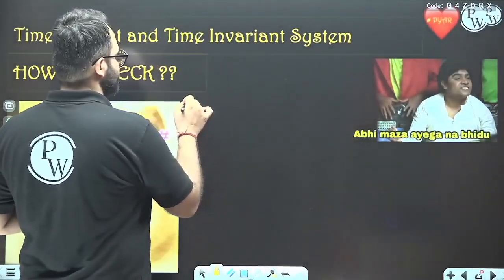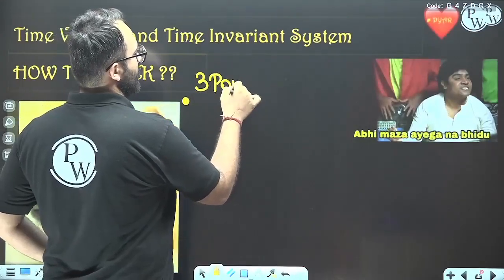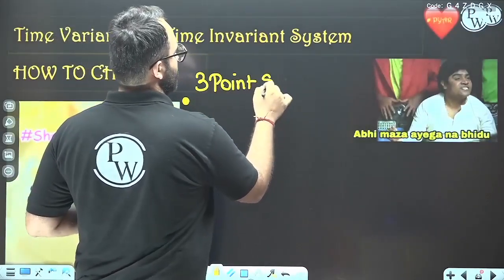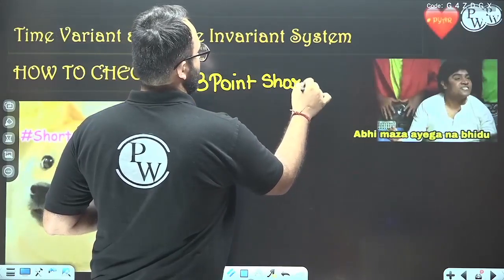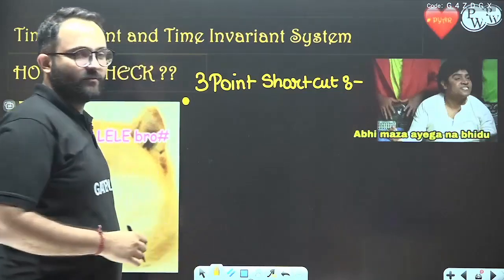So there are 3 points, or a 3-point shortcut. What are these?